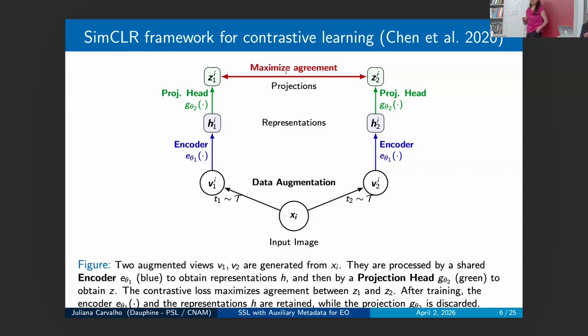The goal is to maximize the agreement between those two projections by using, for instance, the cosine similarity between them. Usually after pre-training, this projection head is discarded, and we keep just the encoder for transfer learning and downstream tasks.